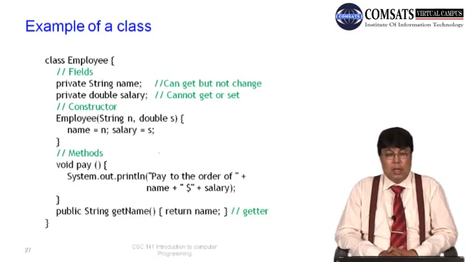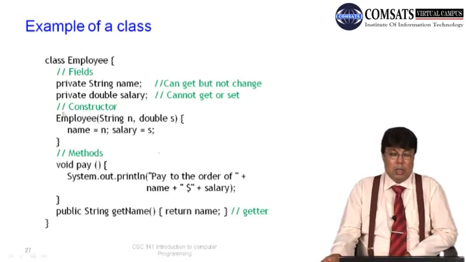Then the default constructor is called, or you can define it by yourself, that employee, and that means the employee data type has string n and double s. So these are the parameter list that are passed on to this constructor. Then you can say that name is equal to n and salary is equal to s.